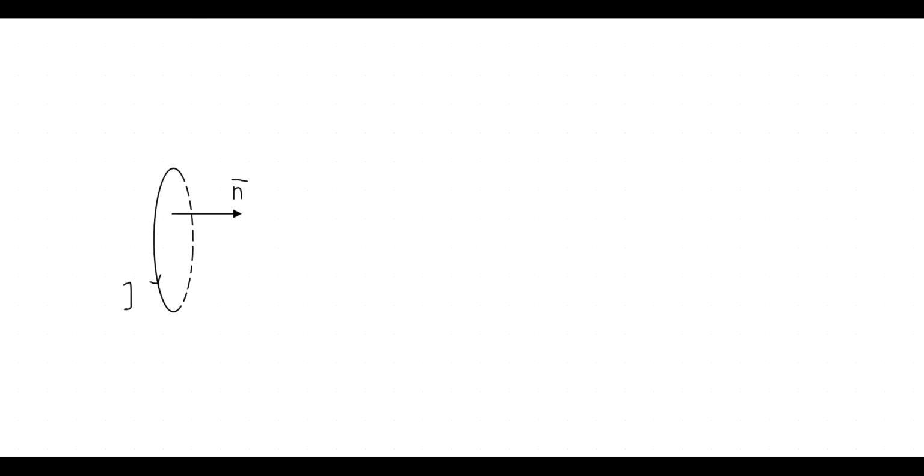The absolute value of n is equal to 1. And we can write the so-called magnetic moment for this circuit. Magnetic moment has the same direction as the unit vector of normality.